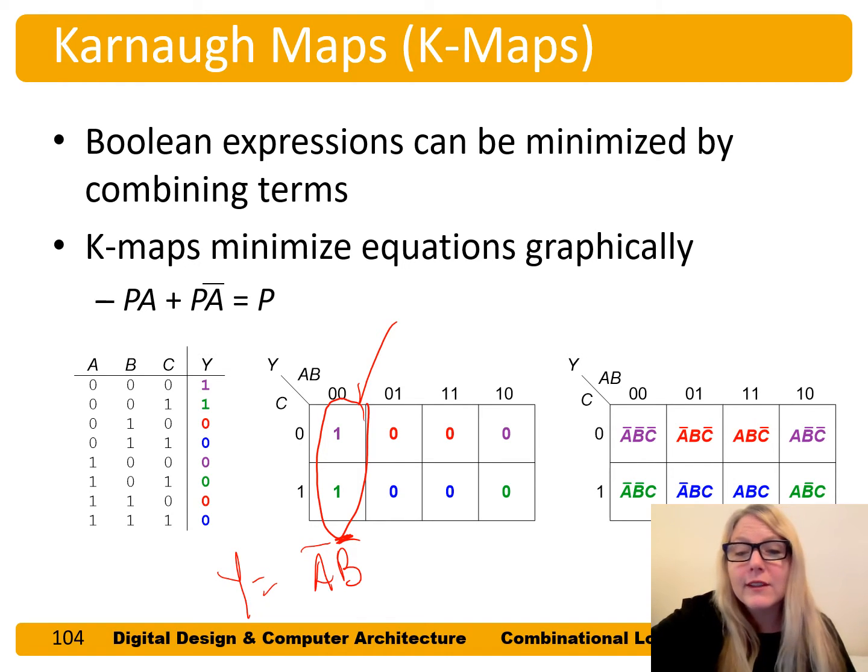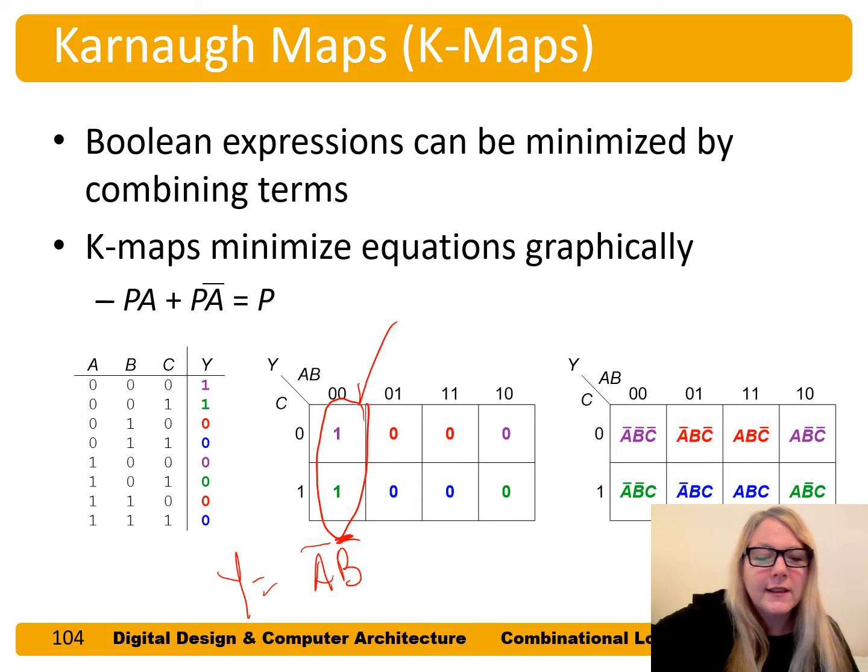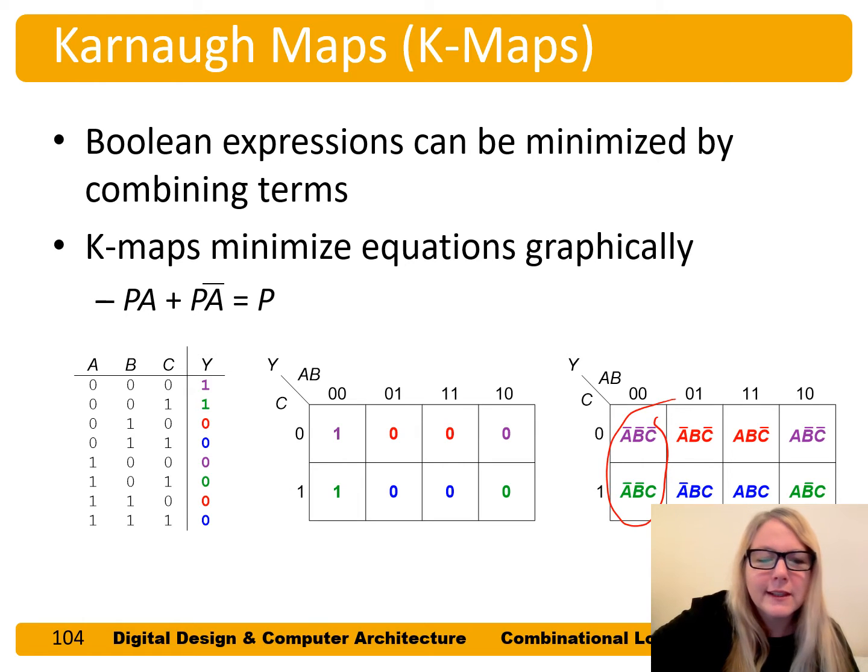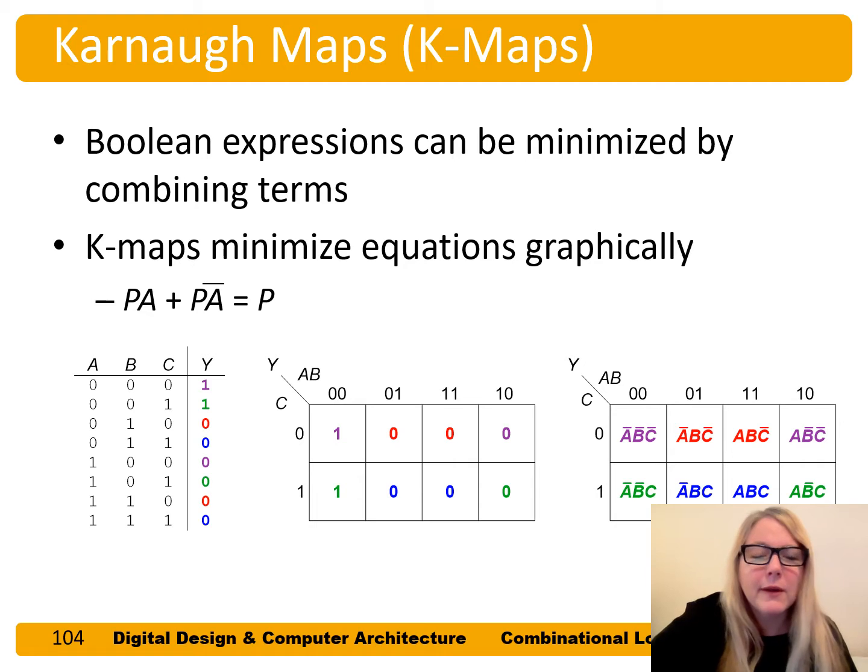But we can do this graphically now. It's a lot easier to see graphically than by performing Boolean algebra. In this case, either would be pretty simple, but as it gets more complex, K-maps become more useful.